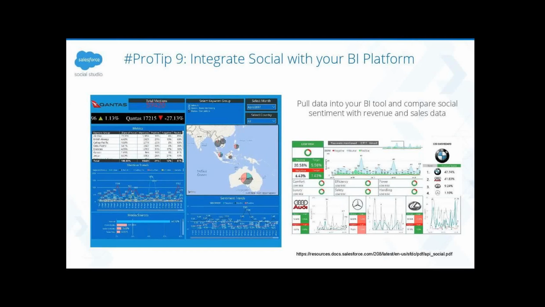So you can start to see social media sentiment results over time versus your sales results over time, or social media mention volume increase per market versus sales increase per market. Is there a relationship? The Social Studio API really allows us to go to the next level of social data, pull it out of the social tools and combine it with other data.